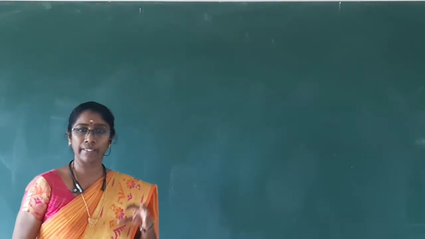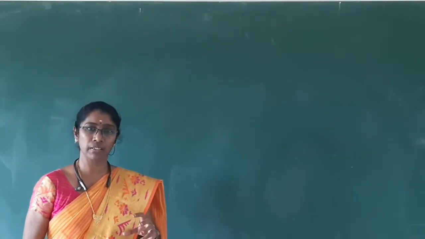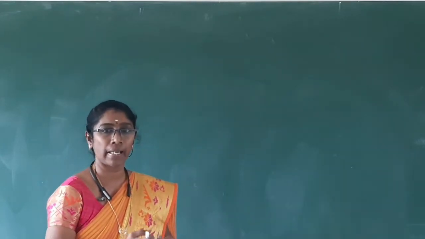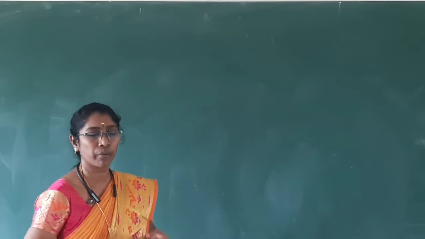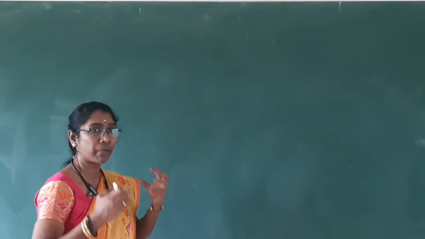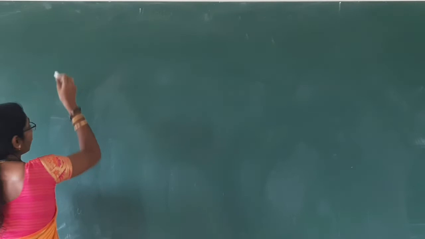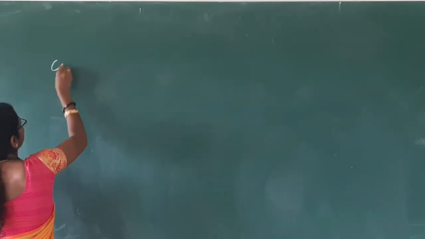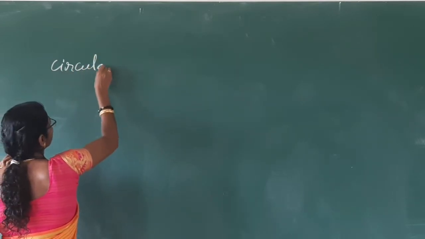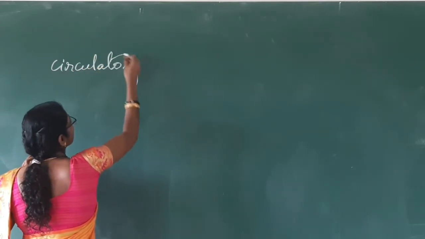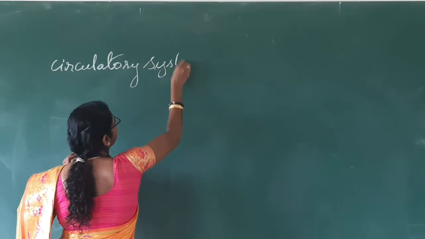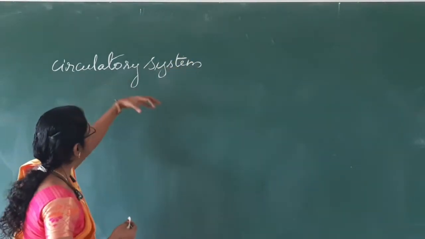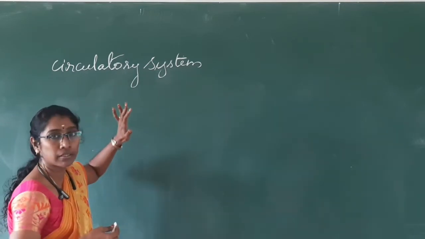All multicellular organisms also need nutrients to be supplied and excretory products to be excreted from the body. For that, the efficient mechanism needed in multicellular organisms is called the circulatory system. So, what is the concept behind this circulatory system?